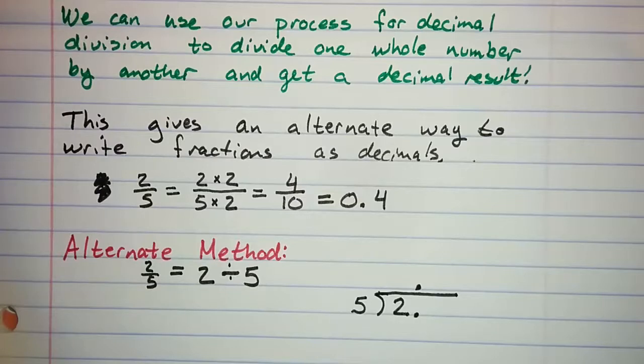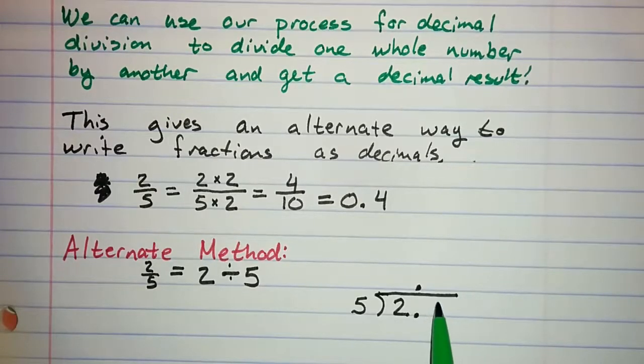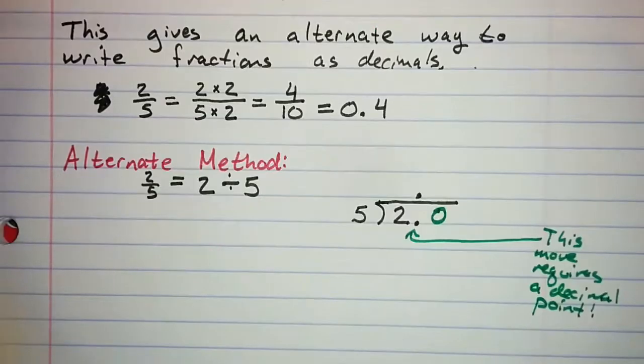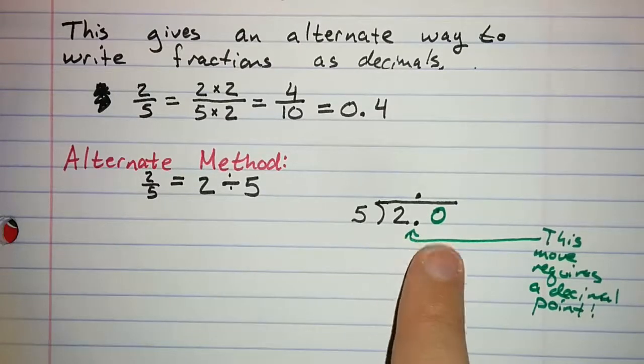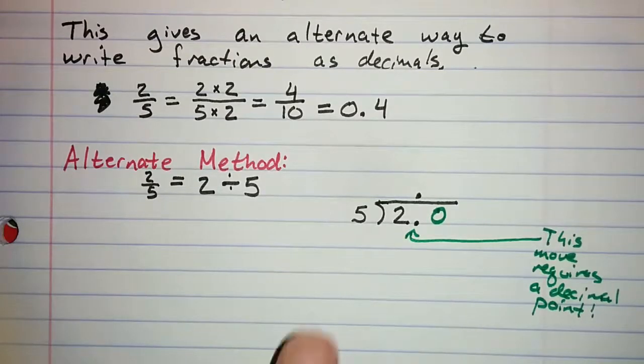Well, we see that 5 goes into 2 not at all. But we can add a 0 to the right of the decimal point. Notice, this move requires a decimal point, right? It's not the case that 20 is the same as 2. 2.0, however, is the same as 2.